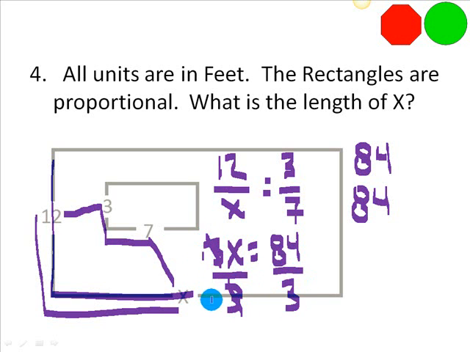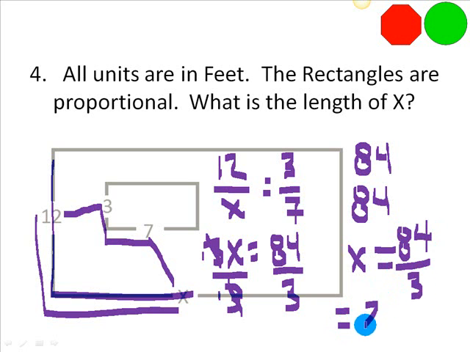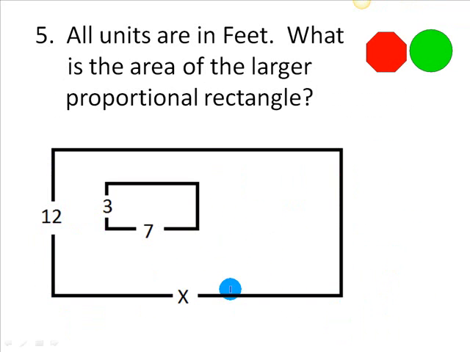It just becomes 1, and this becomes 1. And so we wind up having x equals 84 over 3. This is just a division problem, and if you divide that, you come up with x equals 28. And we're talking about feet, so it would be 28 feet. So the correct answer is 28 feet.